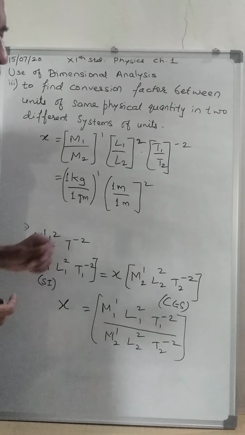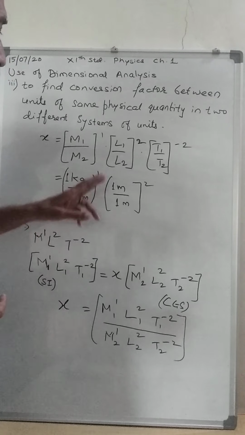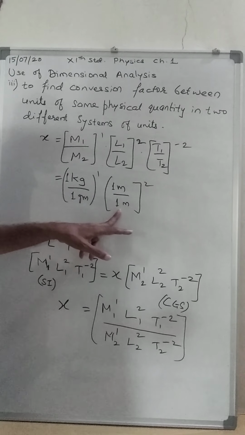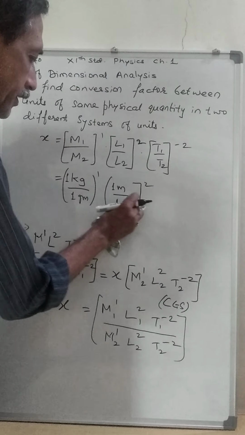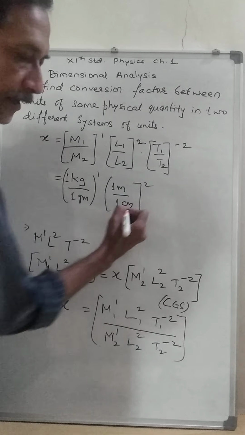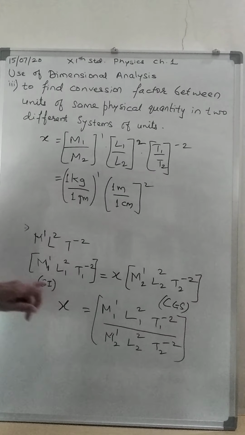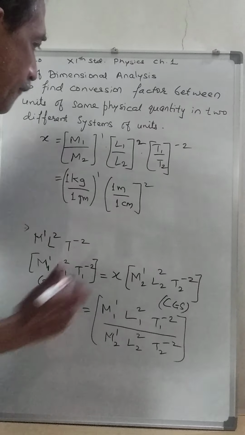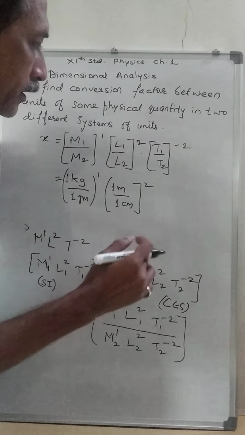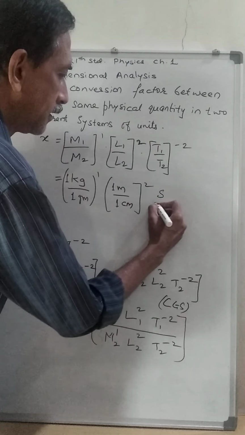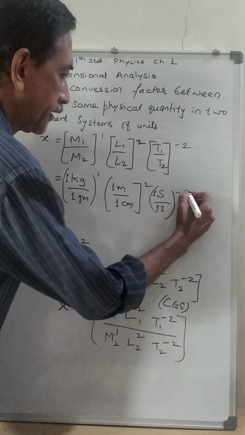The numerator is in SI and the denominator is in CGS. In both SI and CGS the unit of time is second, so we have 1 second upon 1 second raised to minus 2.